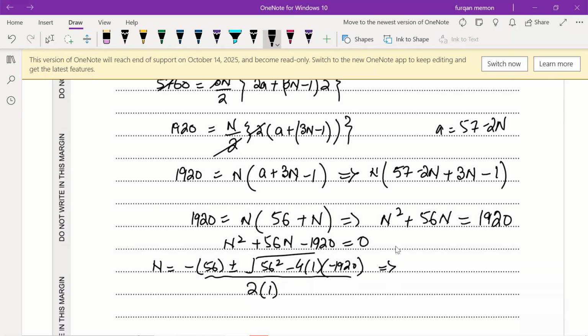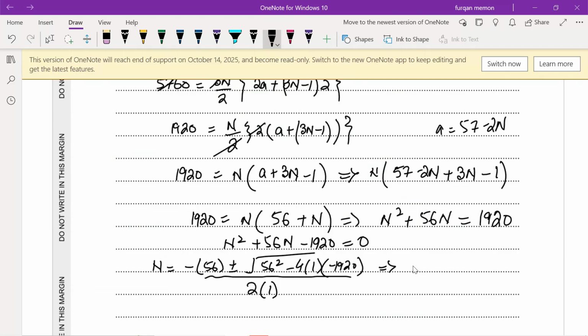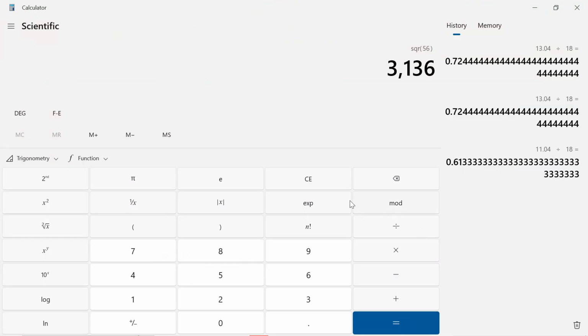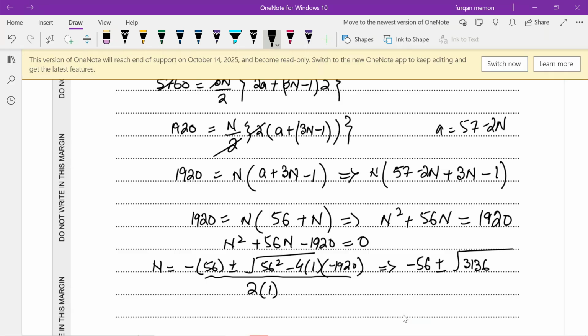Using a calculator, 56 squared is 3136, and 4 times 1920 is 7680.